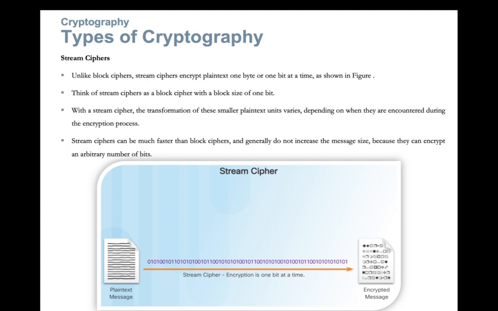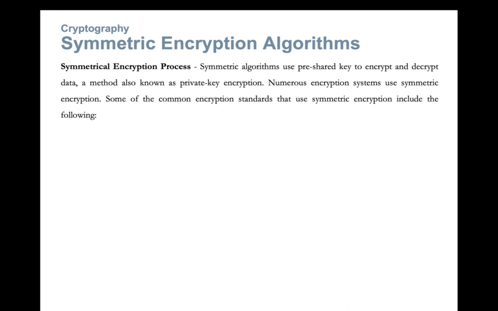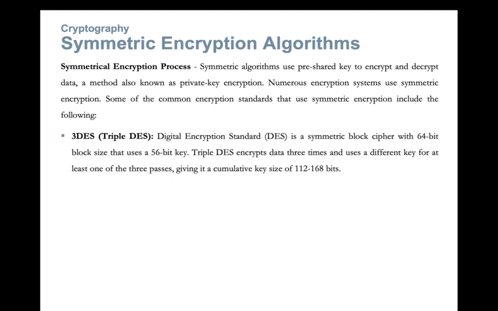In private key encryption, numerous encryption systems use symmetric encryption. Some of the common encryption standards that use symmetric encryption include DES and triple DES. The Data Encryption Standard is a symmetric block cipher with a 64-bit block size that uses a 56-bit key.